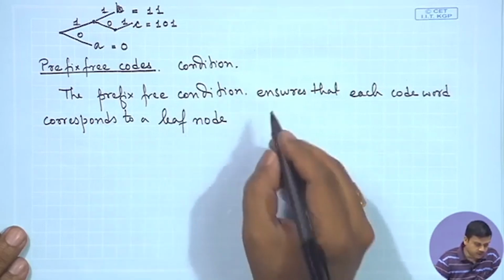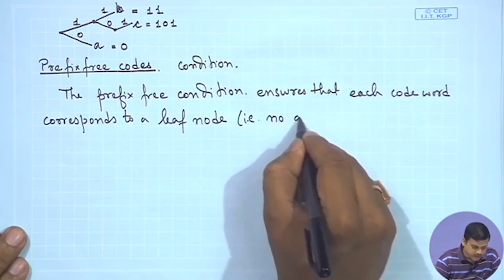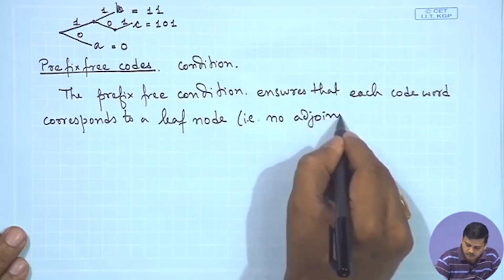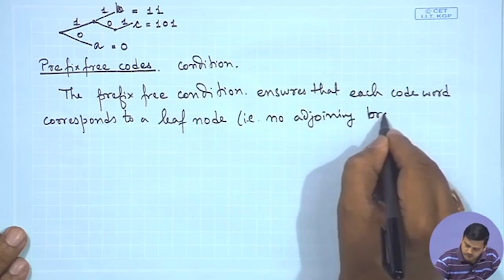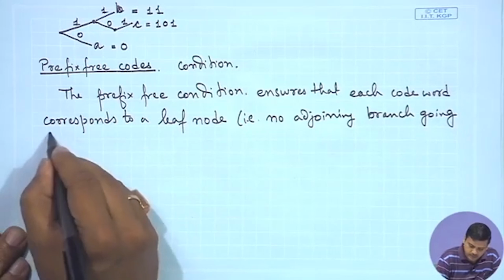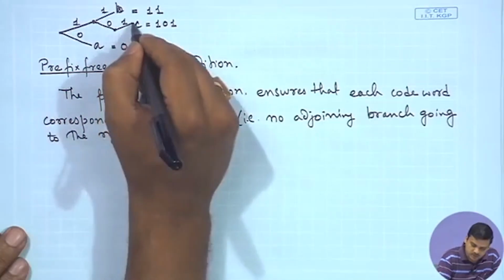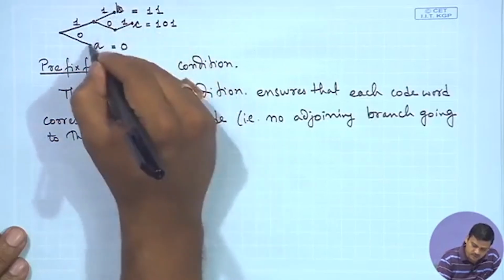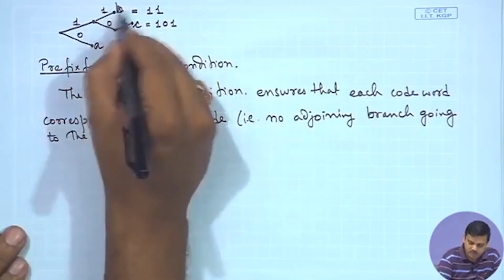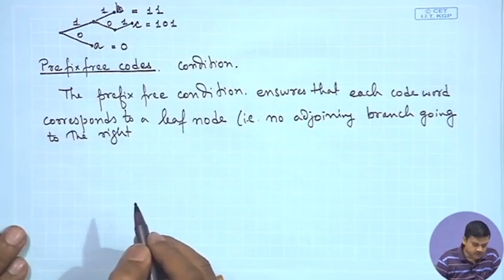That is, there is no adjoining branch going to the right. So, these three that we have identified are codes, and there is nothing which goes to the right of each one of them. Absolutely perfect, there is no problem.